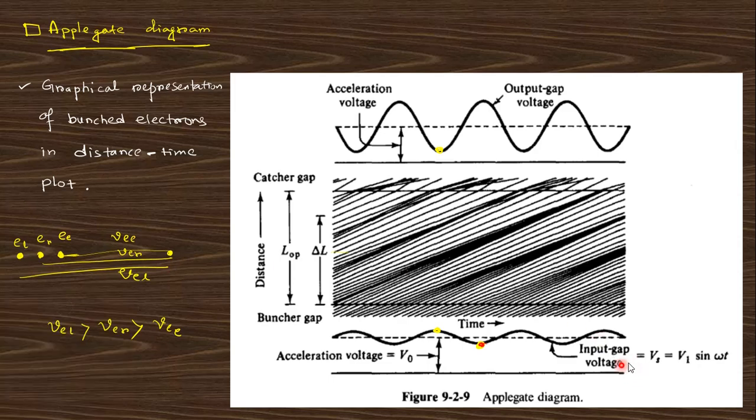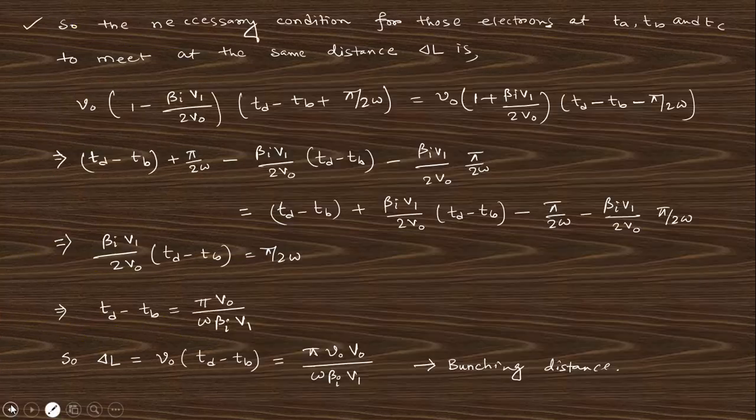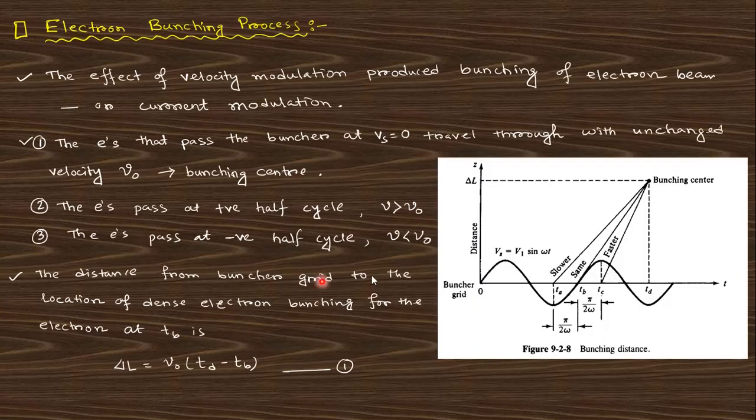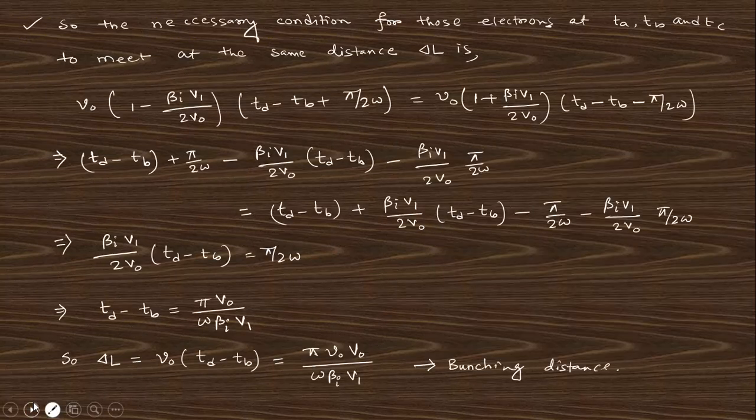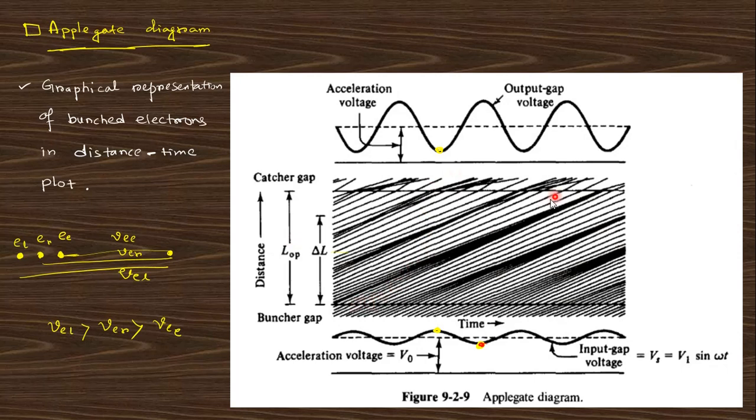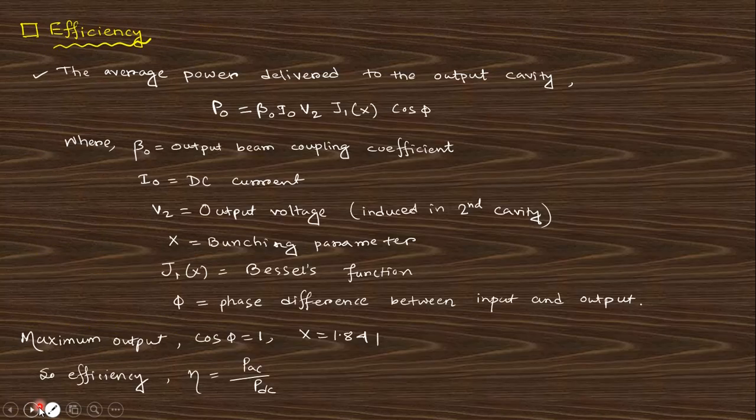This is the input voltage, and the electrons come here. These three coincide here and are repeated, and finally we get this type of diagram. This is the Applegate diagram, that is, the distance-time curve.